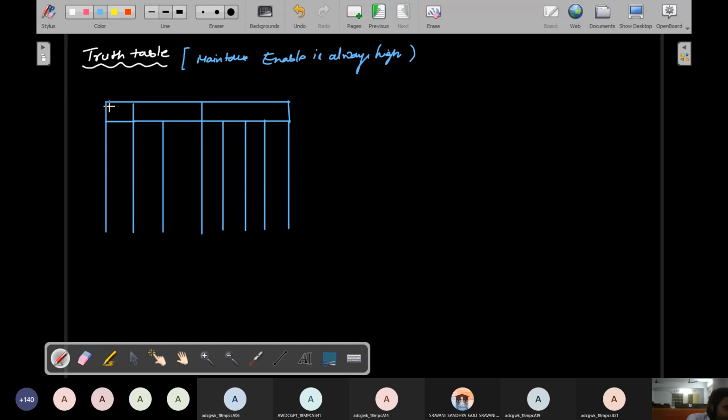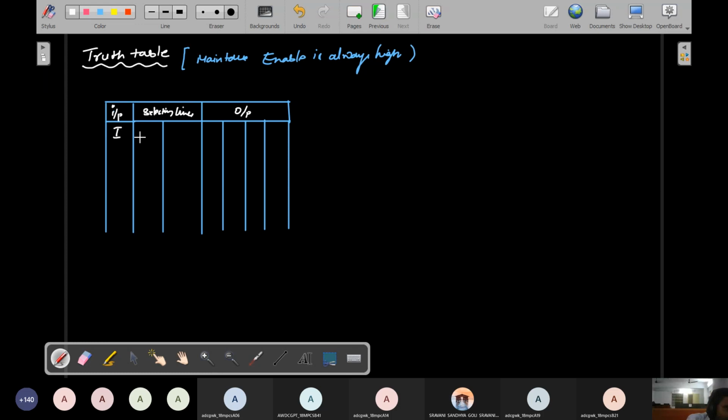This is the input, these are the selecting lines, and these are the outputs.